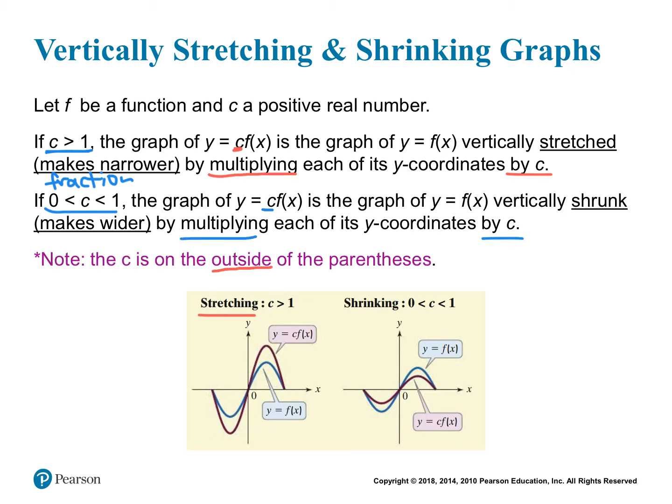So you notice my blue one down here. If you look at the blue one, when I have the purple graph multiplied by c on the outside, it actually makes it shorter and wider compared to the other one's shape. So we'll look at some examples because the narrower, wider part can get a little confusing when you're looking at the curves.